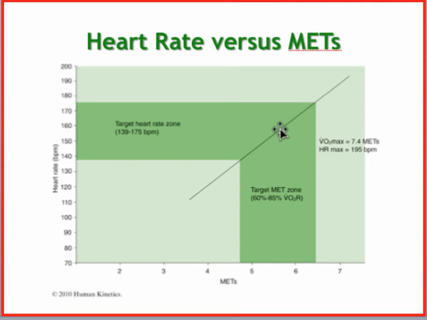This could be a maximal test, or a submaximal test. If you plot at least 3 different workloads, you're able to correlate the exercise workload with heart rate. And if you know their max heart rate, then you can determine the percentage of their VO2 reserve, or heart rate reserve, that you want them training at.